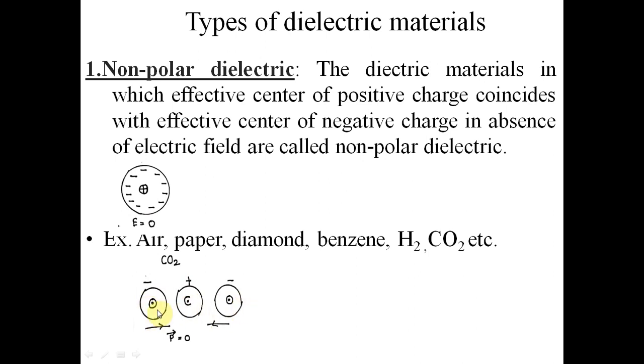The center of the positive charge and the center of the negative charge coincide at this place, which means both the dipoles are opposite and cancel. Hence the dipole moment P equals 0. Both coincide at one place, hence it is a non-polar dielectric.